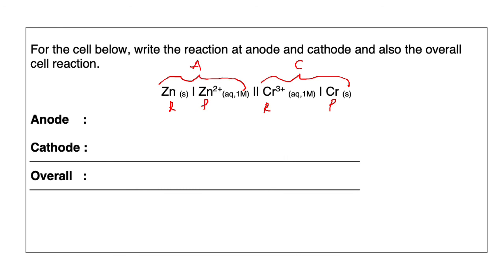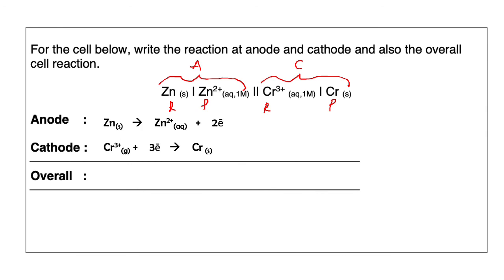So let's start with anode first. For anode, we have zinc, so we write it like this. And for cathode, we have chromium ion undergoing reduction to produce chromium solid.